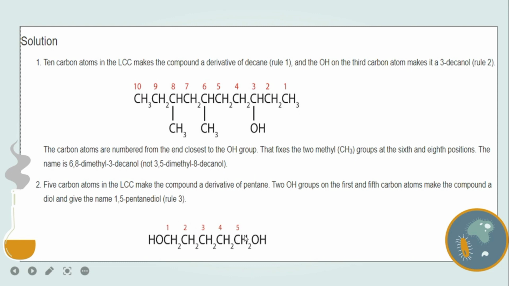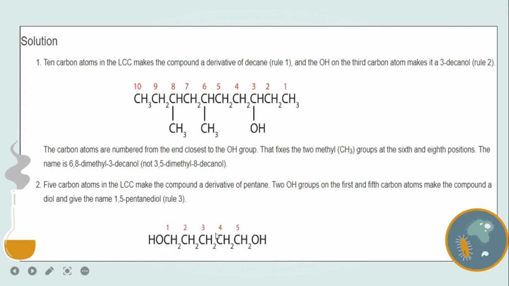And remember, we start to count here because the carbon is bonded to the hydroxyl group, while here only the oxygen is bonded, and the oxygen is bonded to the carbon.